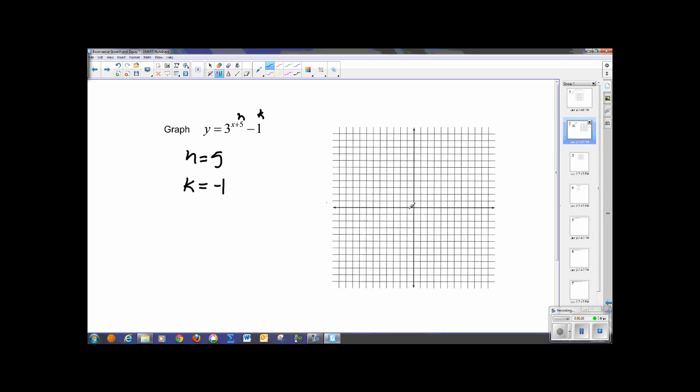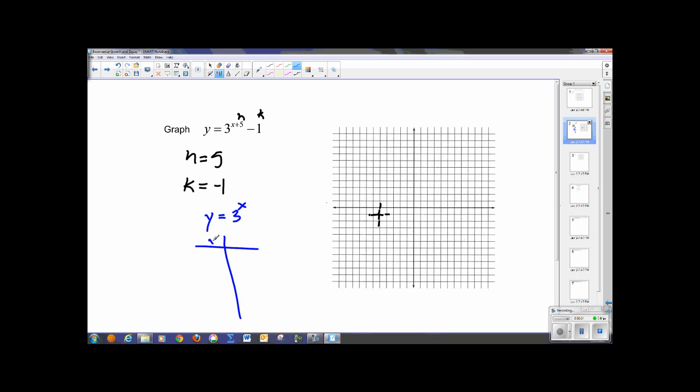So moving over 1, 2, 3, 4, 5 to the left and down 1, I insert this fictional translated axis. And then I'm going to graph the parent function of y equals 3 to the x using this new translated origin.